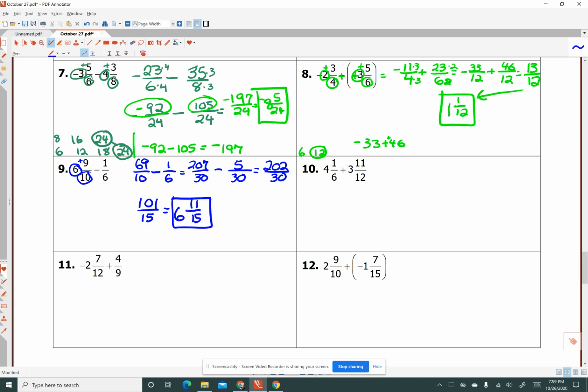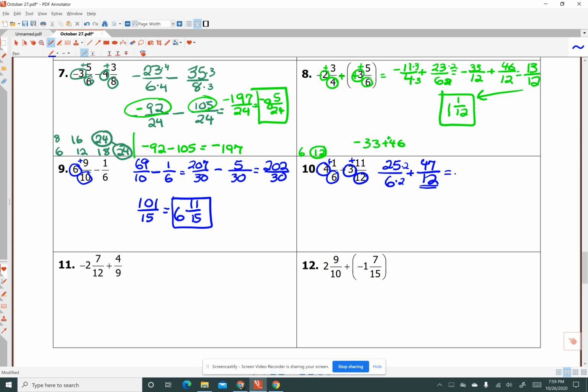Number 10, the numbers are getting bigger. 6 times 4 is 24, plus 1 is 25. 6 plus 3 times 12 is 36, plus 11 is 47 twelfths. Now, we can make 12 our multiple, but we need to multiply 6 times 2 and 25 by 2.